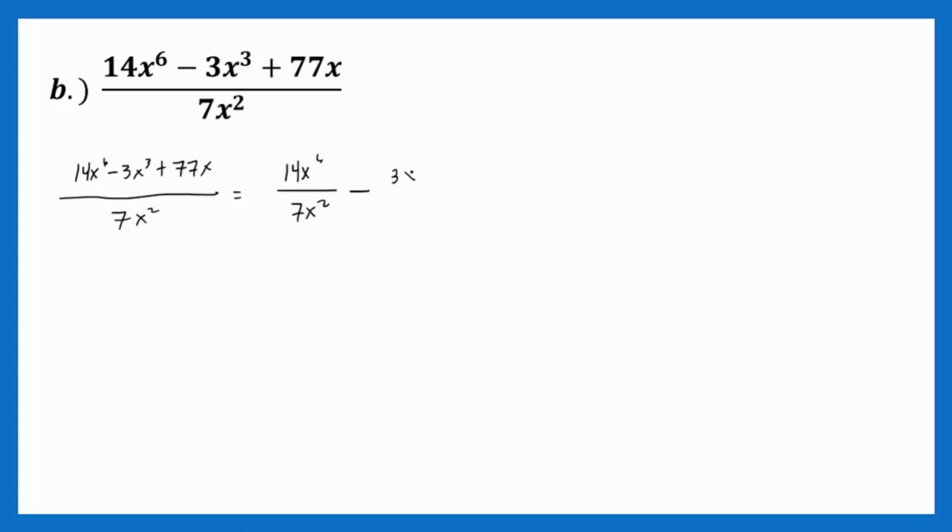Tapos, yung 3x cubed over sa 7x squared. Tapos, yung plus dito sa gitna ulit, 77x over 7x squared. Again, yung kada term, lalagyan mo siya ng over 7x squared. Tapos, ito, magiging gitna siya ng mga fraction natin. Alright. So, we're done with separating the terms.